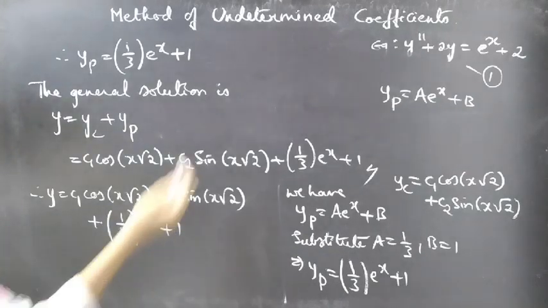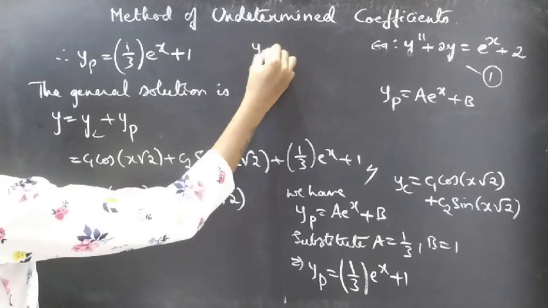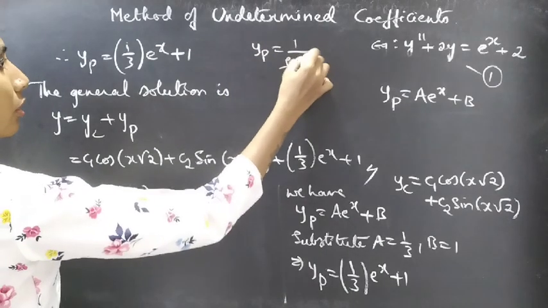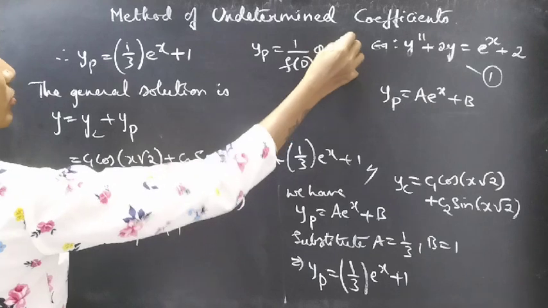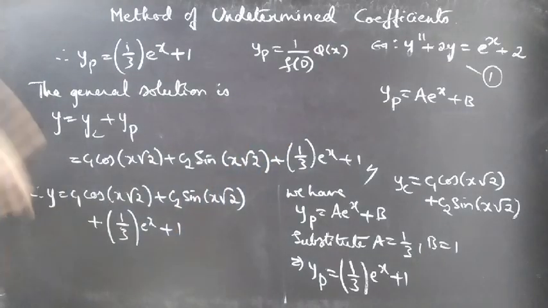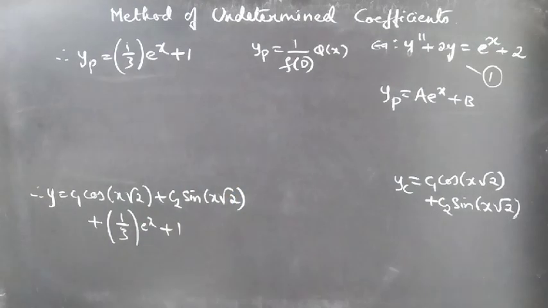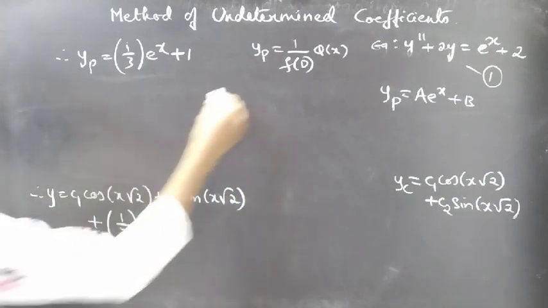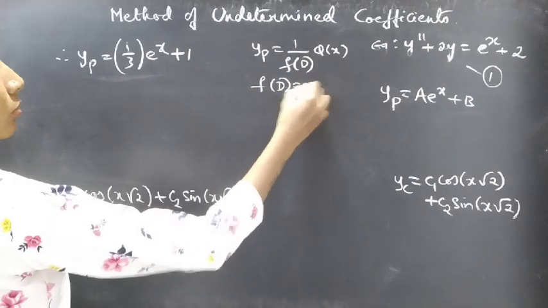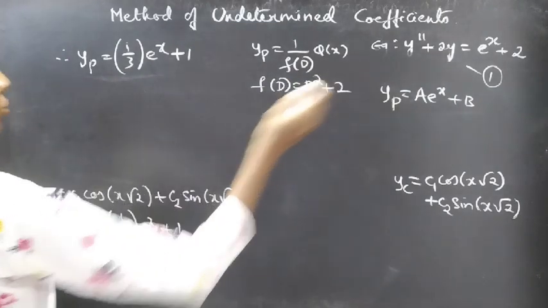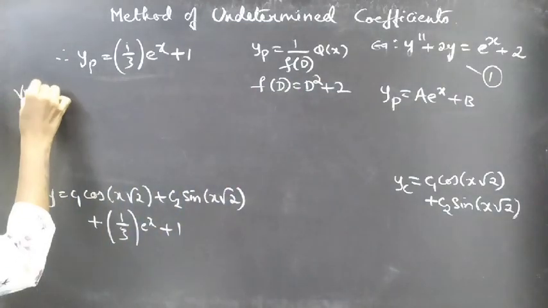If you want, you can just verify using yp equal to 1 by f of D into Q of x. Okay, you can verify using this formula. Here I have f of D equal to D square plus 2. I'm going to verify yp here.